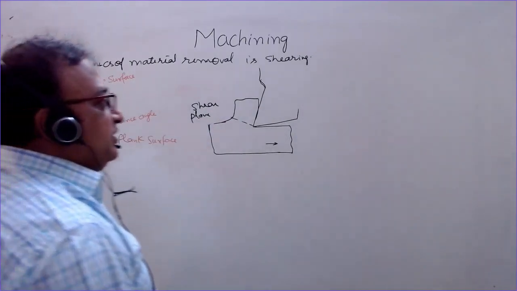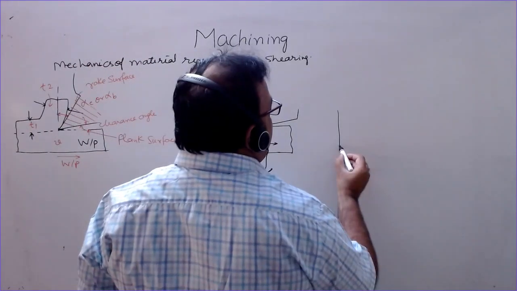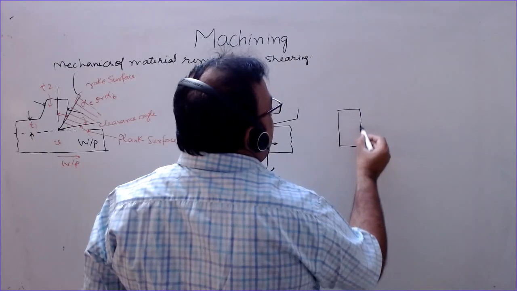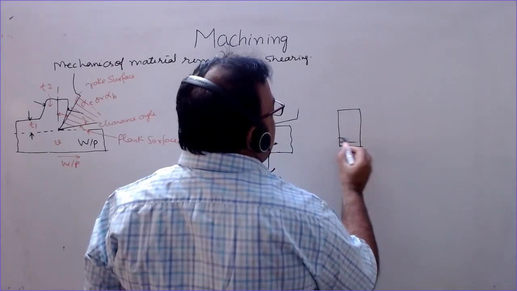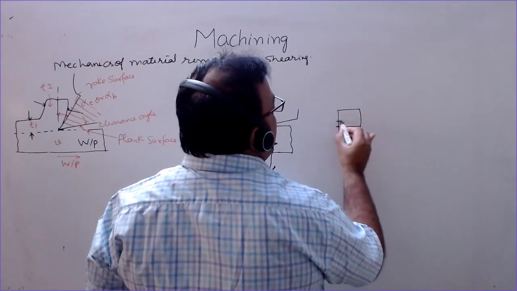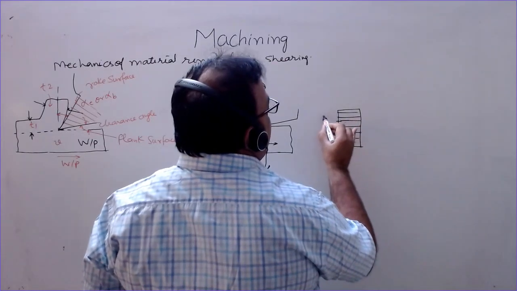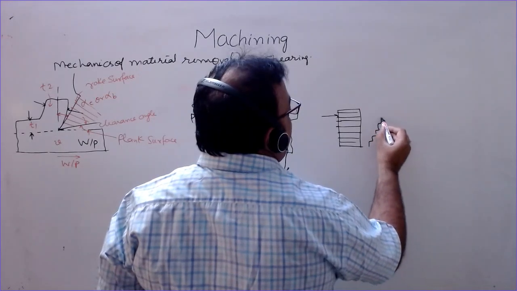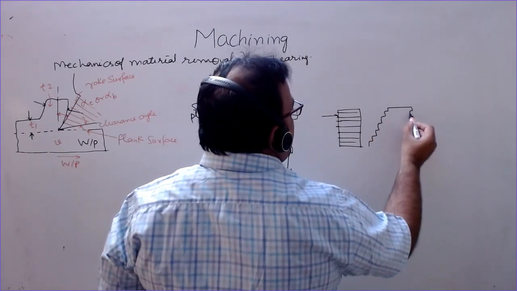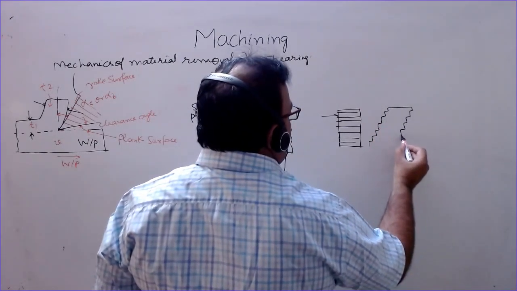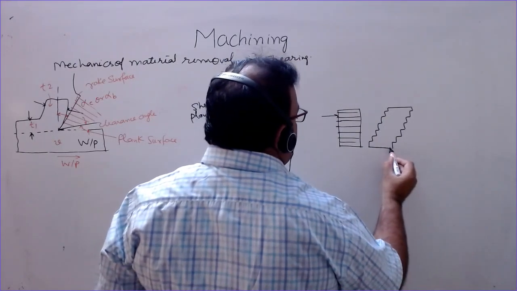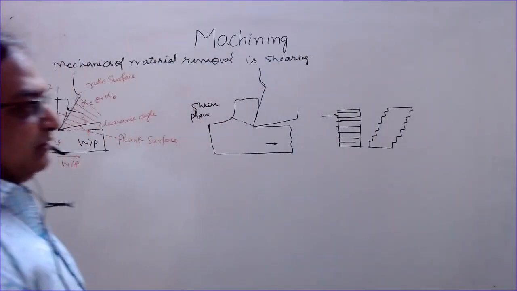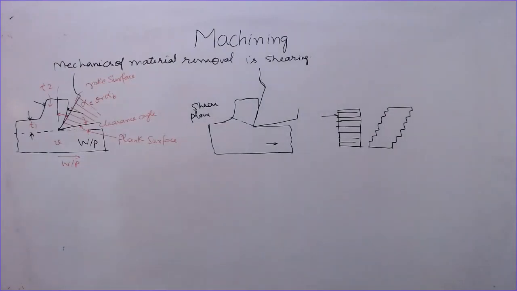What actually is shearing? If you put a certain number of books or cards one over other and then apply a force here somewhere, then the shape of this will be deformed like this. So this deformation, in which the slipping occurs on one plane related to the other plane, that is known as shearing.